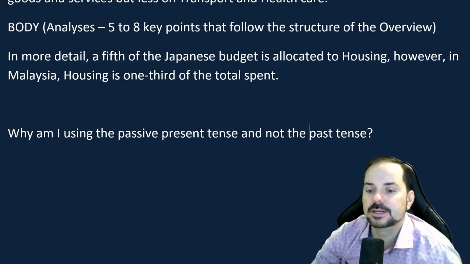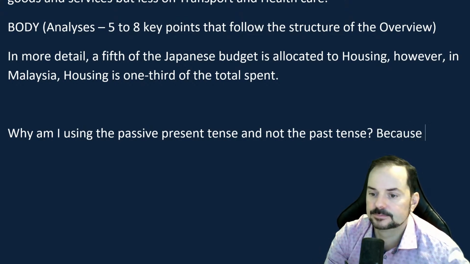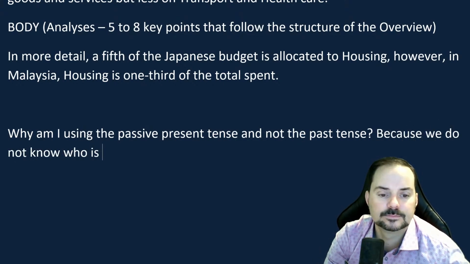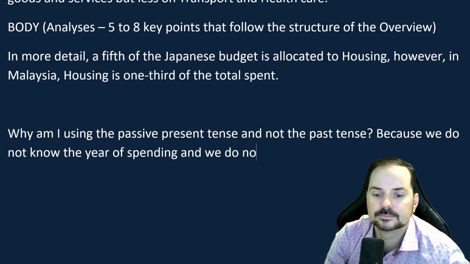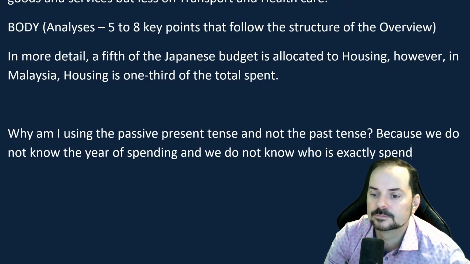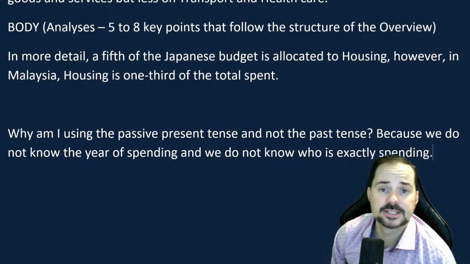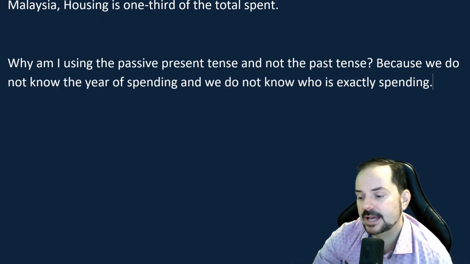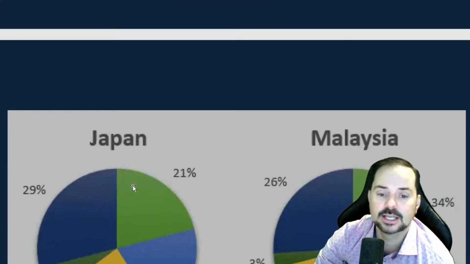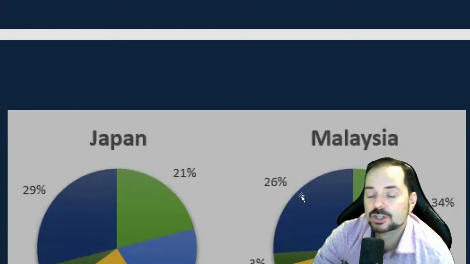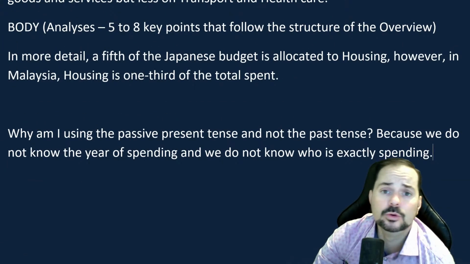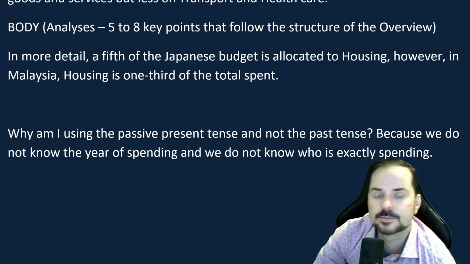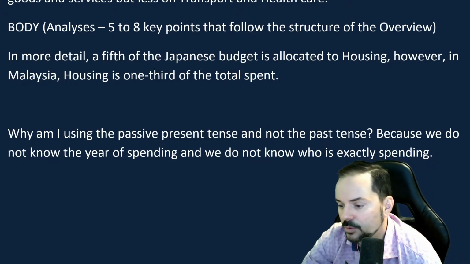We don't know the year of spending. That's why I'm using the present passive tense instead of the past tense, because I don't know the year of spending. We don't see that. We don't know the exact date. It doesn't say 2015. It could be this year. It could be on average. We don't know, right? And we don't know really who is spending. I mean, it's the Japanese and the Malaysians, but we don't really know who is spending the money, okay?